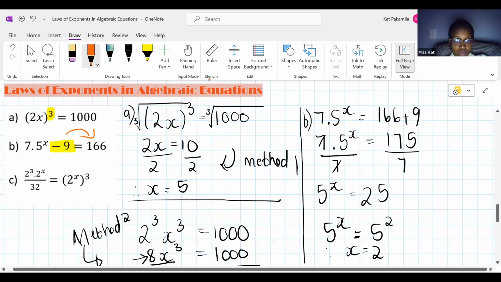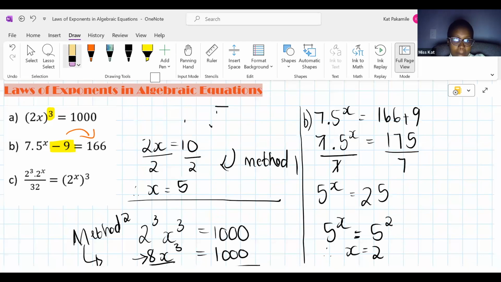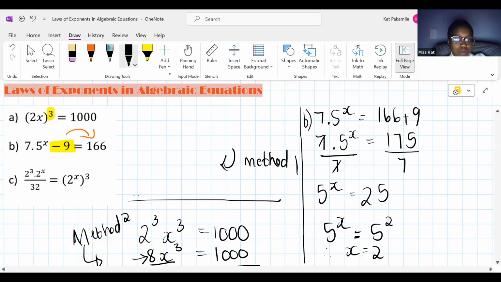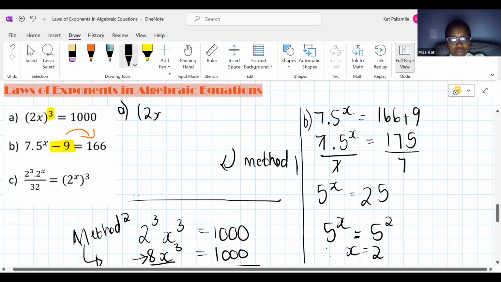No. Okay, actually, let me rub it out and show you how we got there, okay? Method 1. So the question was 2x to the power of 3 equals 1000.